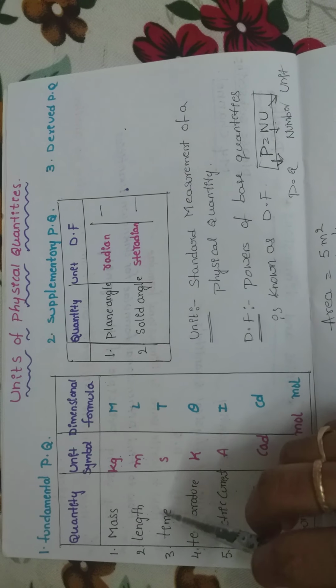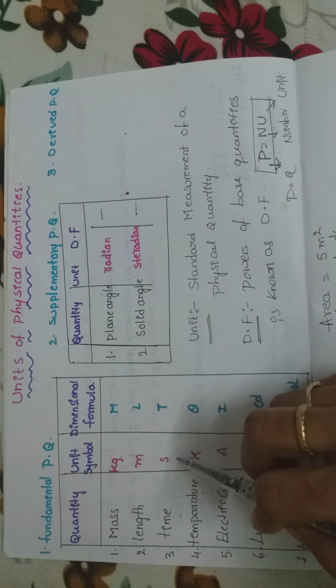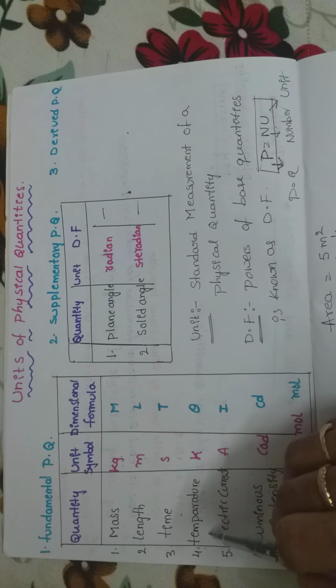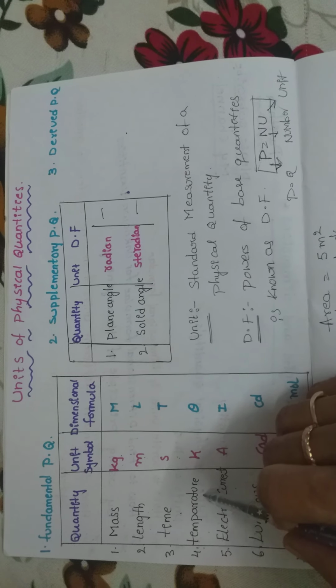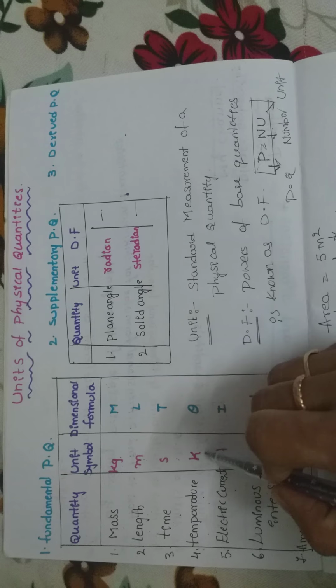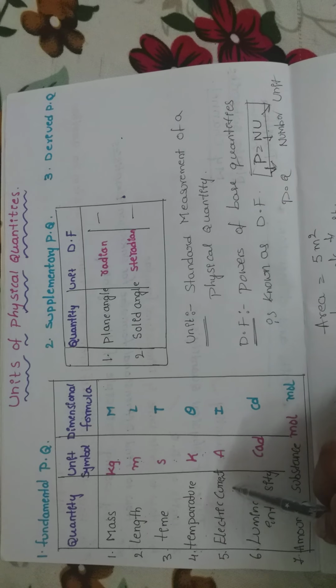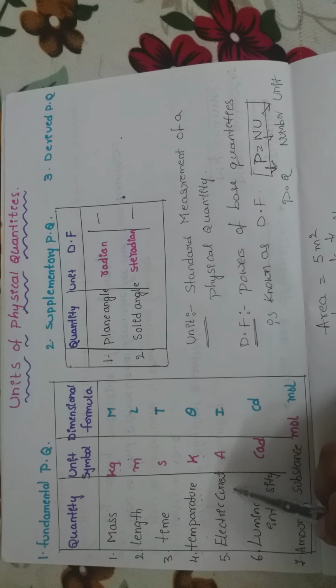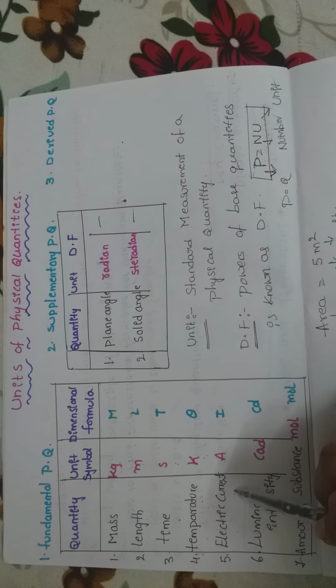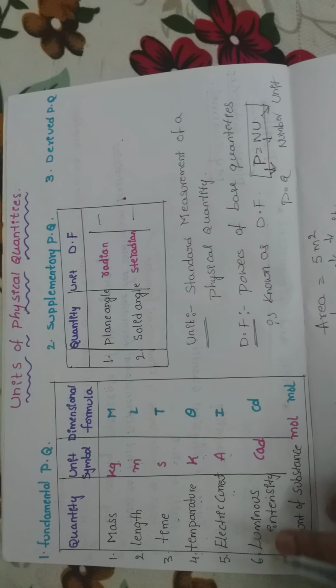And time we should measure in terms of second and the symbol is small s. The unit of temperature is Kelvin and the symbol is K. And electric current we should measure in terms of ampere and the symbol is capital A.